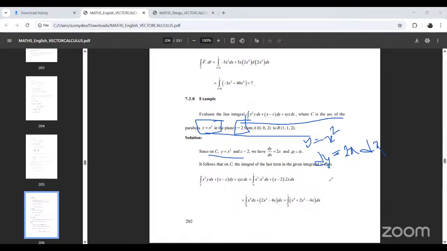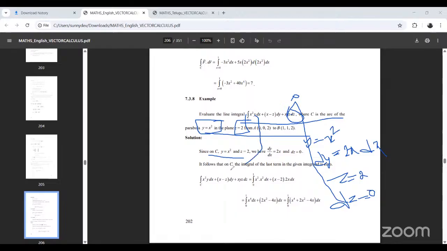And z equal to 2, then dz becomes 0. If you substitute here, dz equal to 0, so this term will be completely 0.